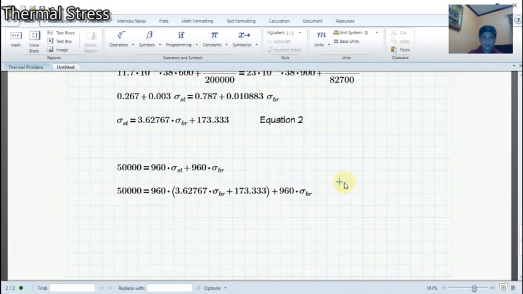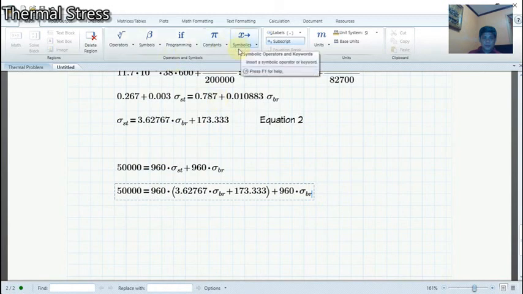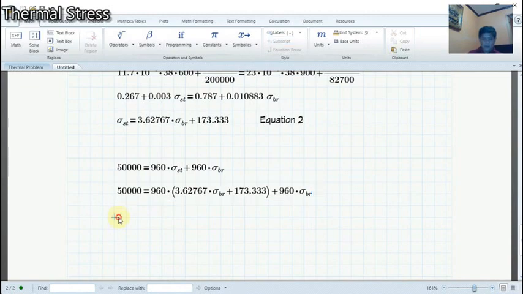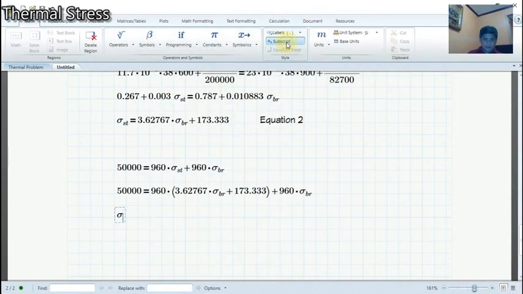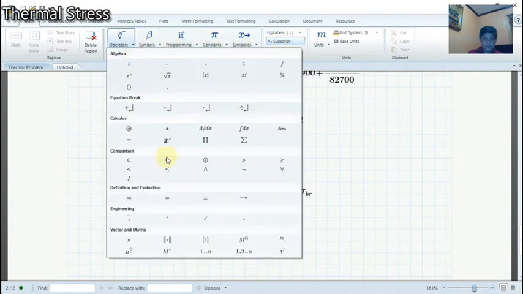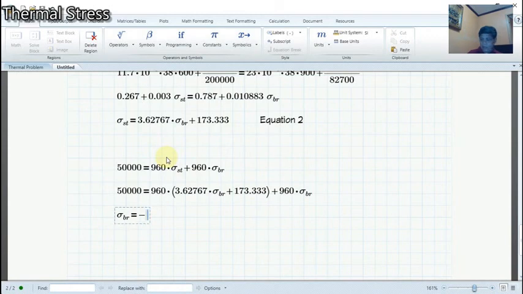Okay, so we have that equation. We can now solve for the stress in the bronze, and we will have the value of negative 26.20 megapascal.